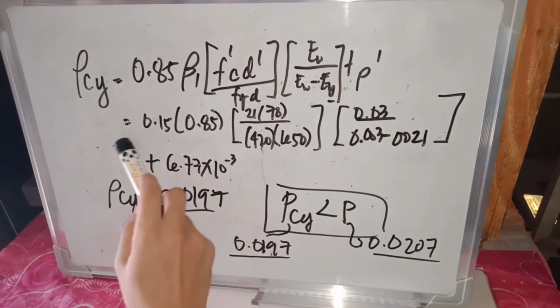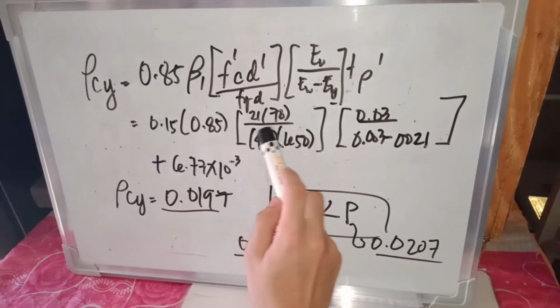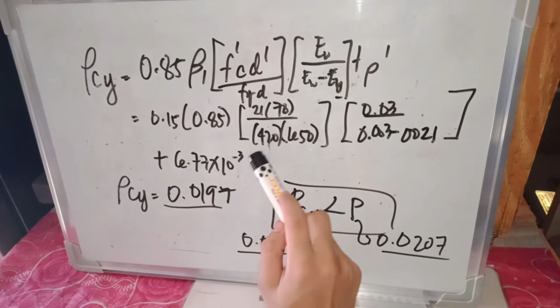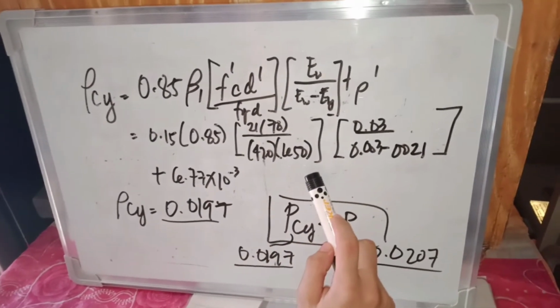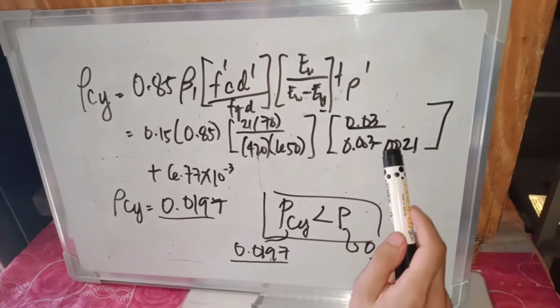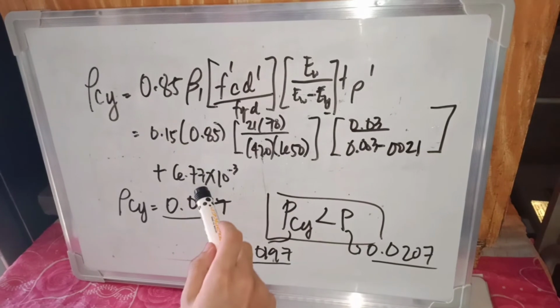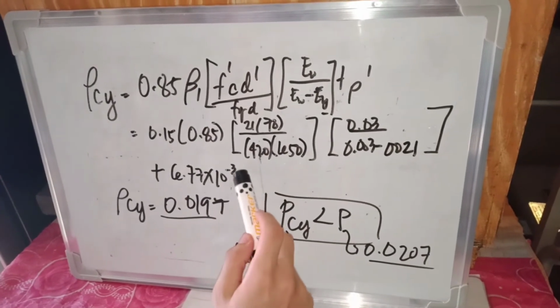Rho max equals 0.75 times 0.85 times 21 times 70 times 420 times 650 times 0.003 over 0.003 minus 0.021, plus 6.77 times 10 to the negative 3.